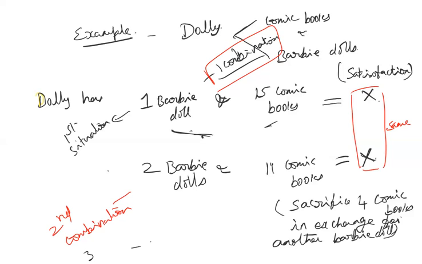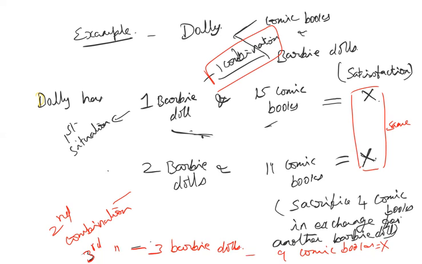So let us move on to the third combination, where 3 Barbie dolls and she is willing to sacrifice, say, 9 comic books. So in other words, she's willing to sacrifice 2 comic books for one more Barbie doll. Again, she finds that in this situation her satisfaction is going to remain the same.